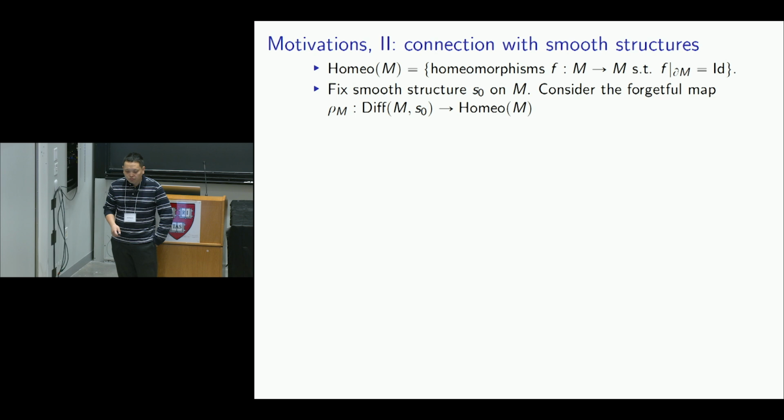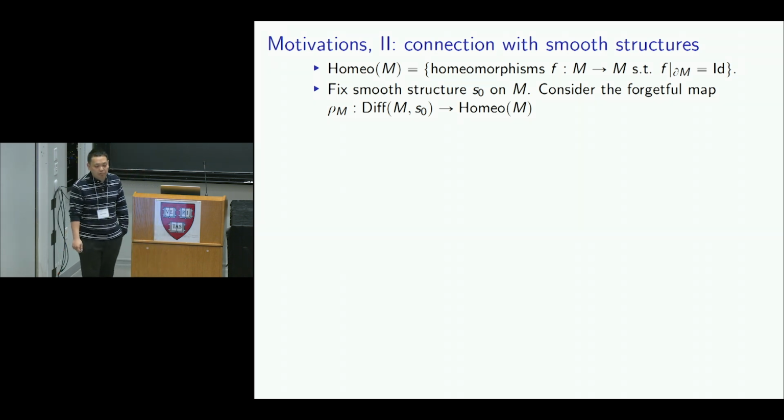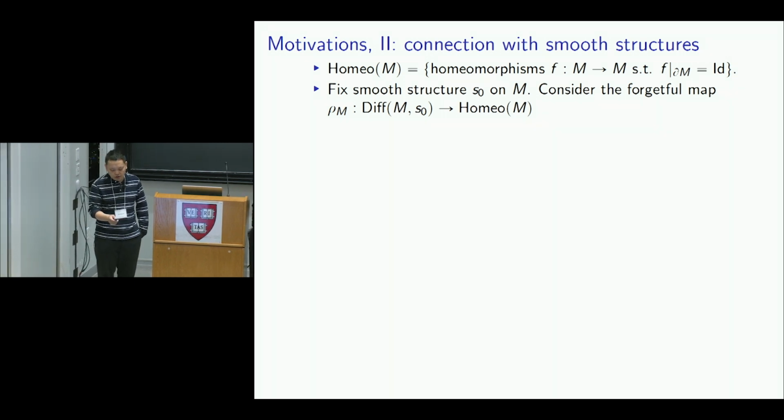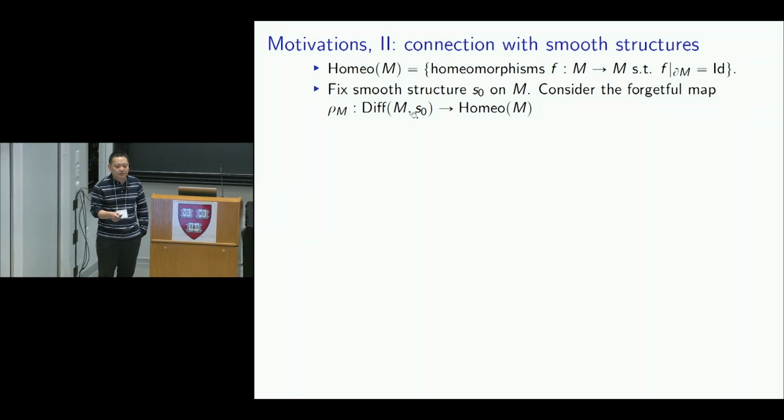Then let's fix a smooth structure S0 on M. Now I'm changing the notation a little bit. I'm using Diff(M, S0) here because I want to emphasize that this is the group of diffeomorphisms for a specific smooth structure. And of course the homeomorphism group doesn't depend on S0.